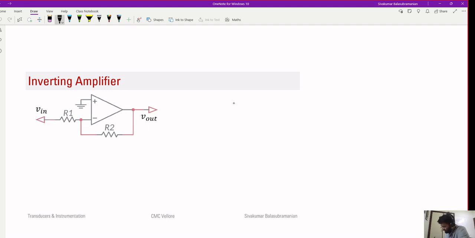Now, if you draw the equivalent circuit, this is grounded, R1.